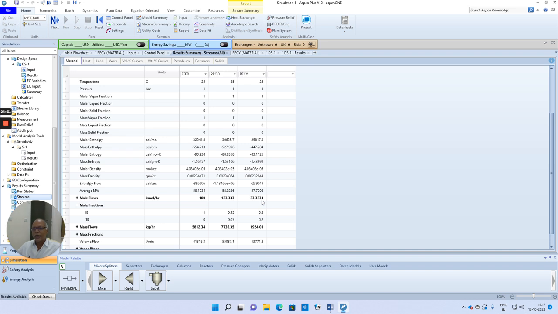So generally, the design specification tool is used whenever you have a requirement with respect to the output stream or maybe an intermediate stream connecting two units. So you will not be able to provide information while defining a rating problem. So in all such cases, you will have to use either sensitivity analysis or design spec.